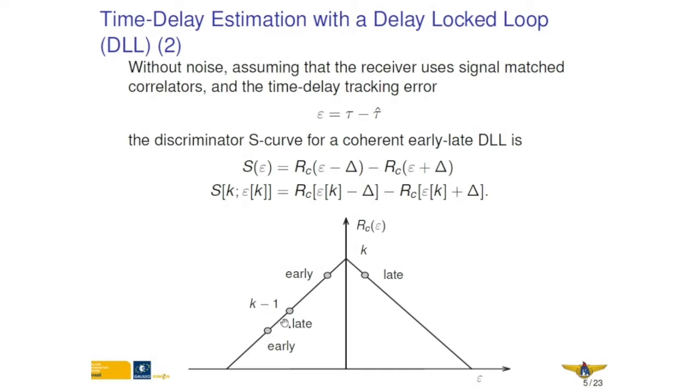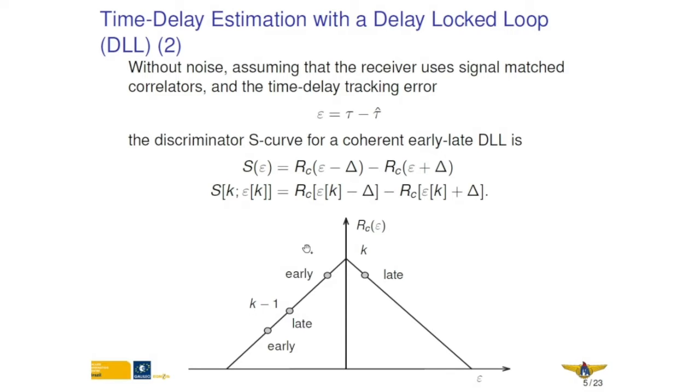And then we have to decrease the estimate, and then we move here, for example. So we would iterate to the peak of the autocorrelation function, and at the end, we would end up with early minus late being 0, and then we have found the peak over time. And this is how the iteration works. I mean, this is a concave function, and we're trying to iteratively maximize a concave function.